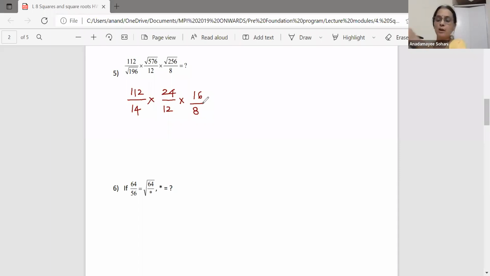Now, because all this is in multiplication, I can quickly cancel. 8 ones are 8, 8 twos are 16, 12 ones are 12, 12 twos are 24, and those who know the table of 14, or 7, if you don't know 14, then 7. 7 twos are 14, 7 ones are 7, 7 sixes are 42. Then again 2 gets cancelled and you get 16 twos are 32. 32 will be the answer.